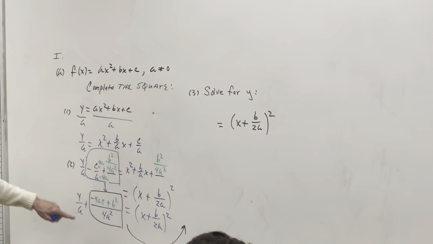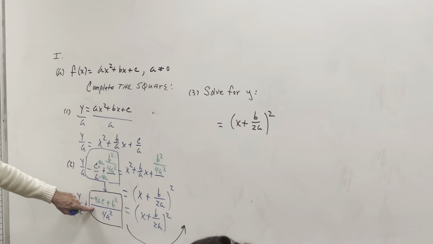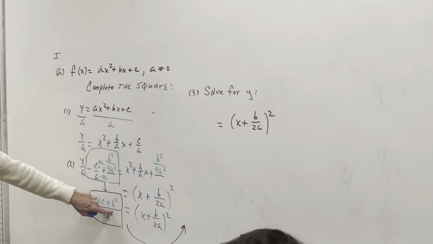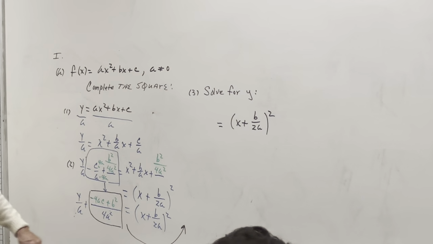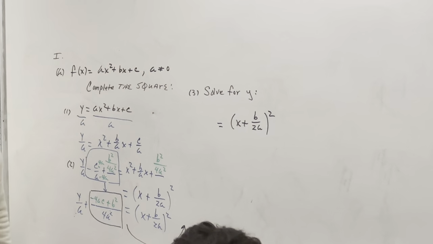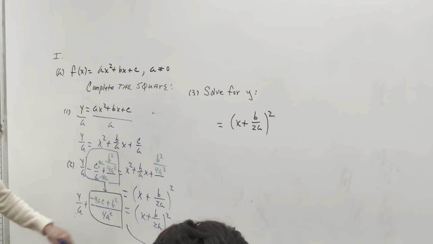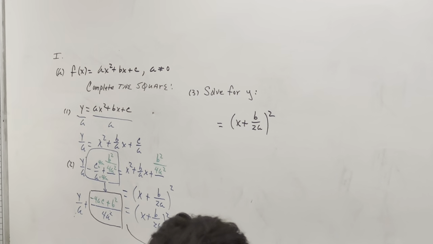If I move that over, some signs change. This will change to a positive 4ac, and that will change to a negative. If I take that to the other side, these two in the green will change signs, and they're still going to be over that same common denominator. Yes or no?